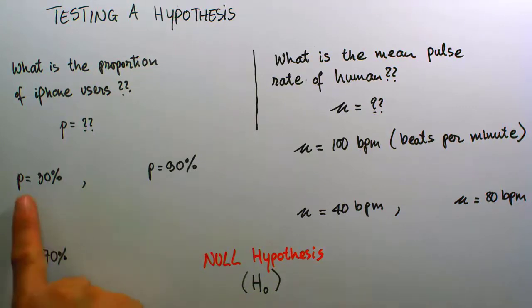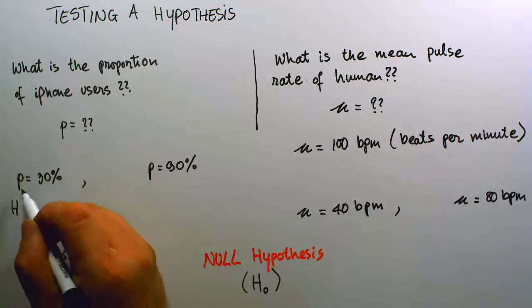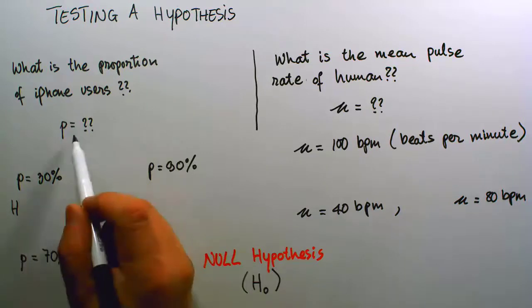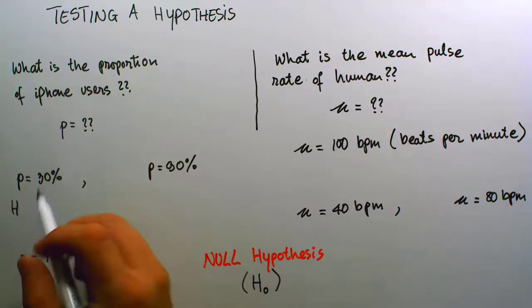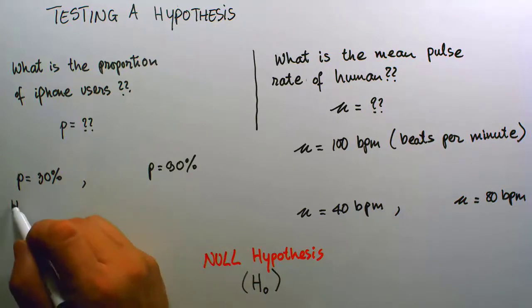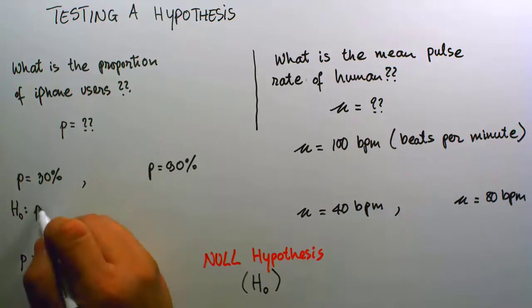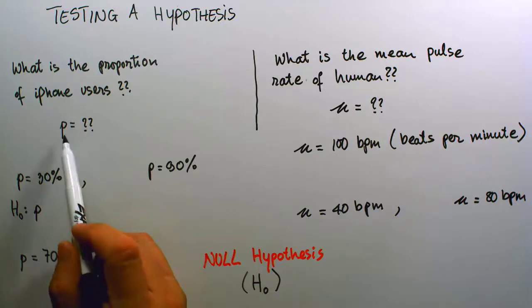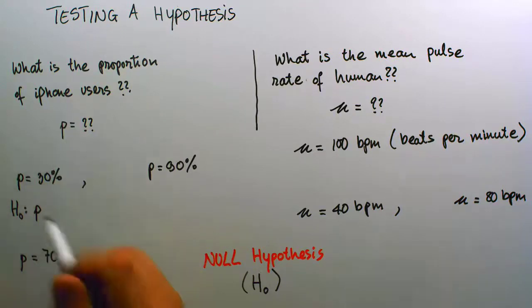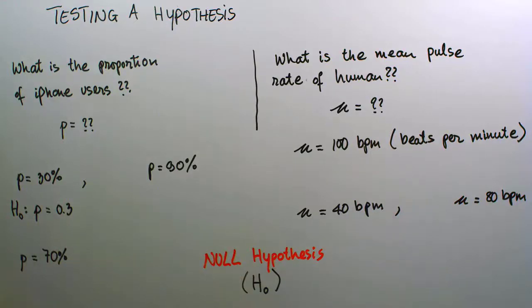If anyone is making a claim that the proportion of iPhone users is 30% of the world, then we recognize a null hypothesis. I put a colon there: population proportion, that's why it's the lowercase letter p, the non-hat version, p equals 0.3. That's how we formally and symbolically write a null hypothesis statement.